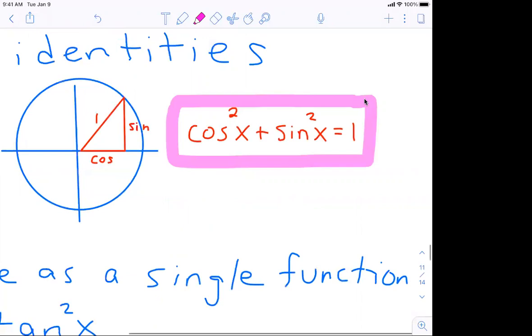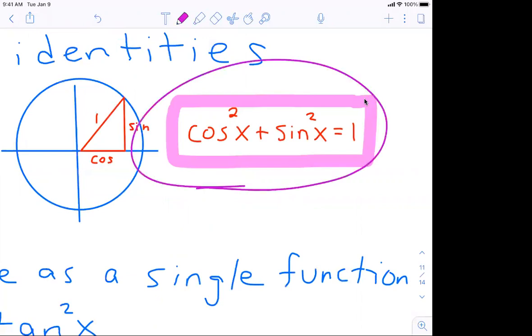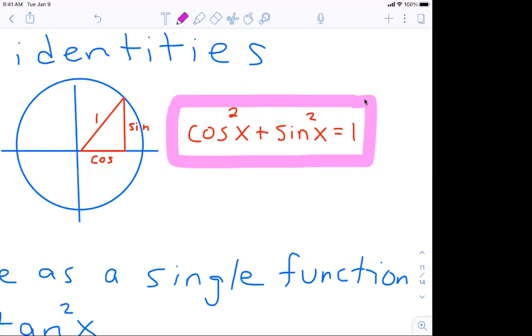Looking at this, and remember I said how important this was going to be, because not only can we use that, we can use any manipulation of it we want to. It is an equation. If I move the cosine squared over, it would be true that sine squared x is equal to 1 minus cosine squared x.